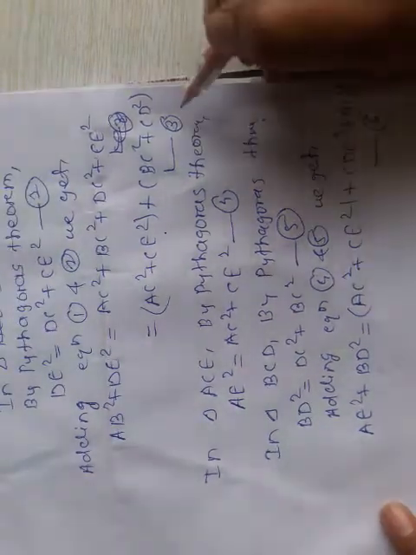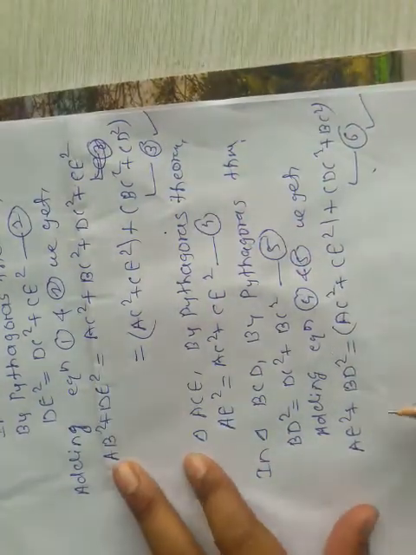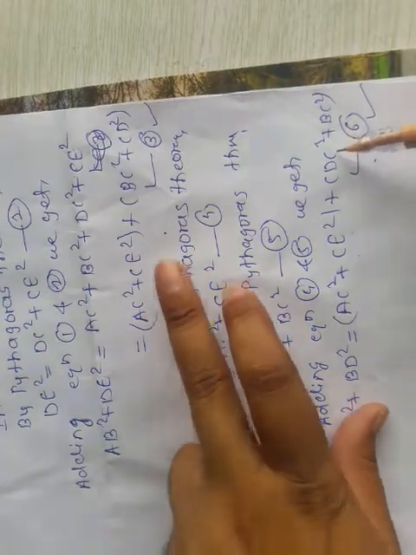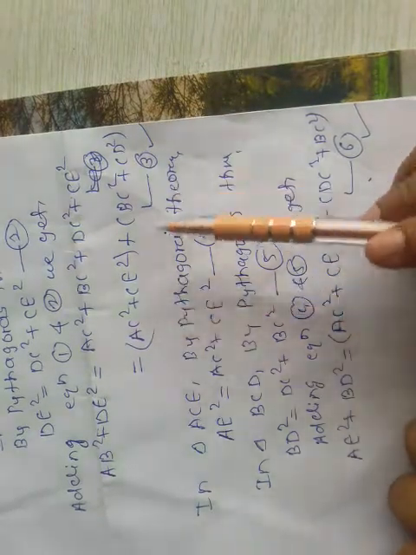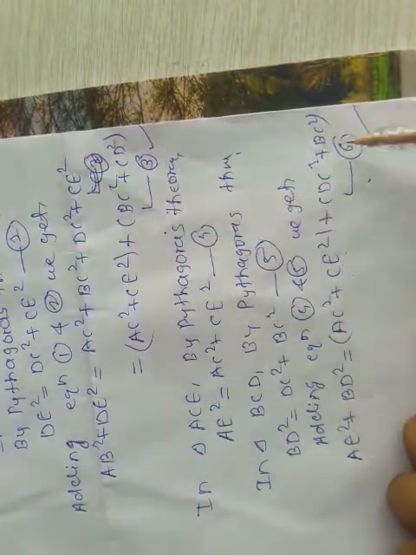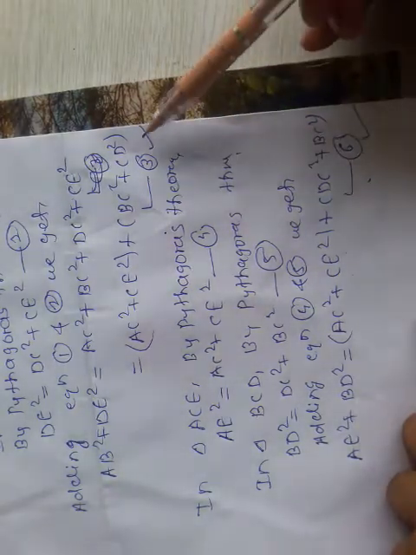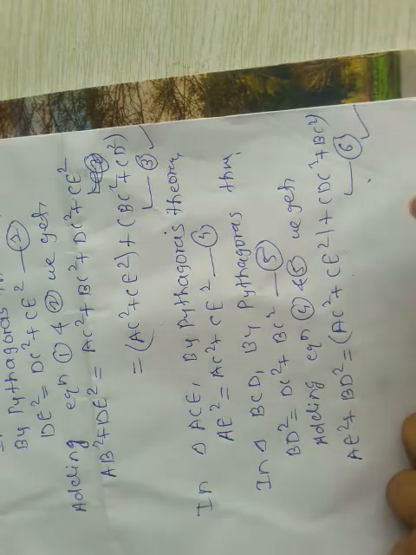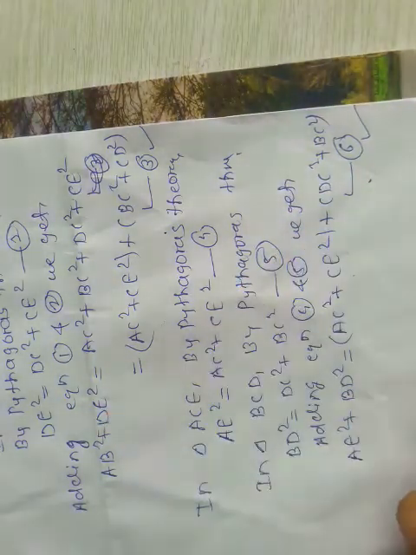Now compare equation 3 and equation 6. See, AC square plus CE square plus BC square plus CD square, the RHS of both these equations is the same. If the RHS are equal, then we can say the LHS are also equal.